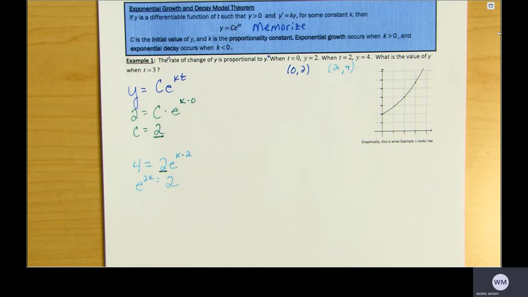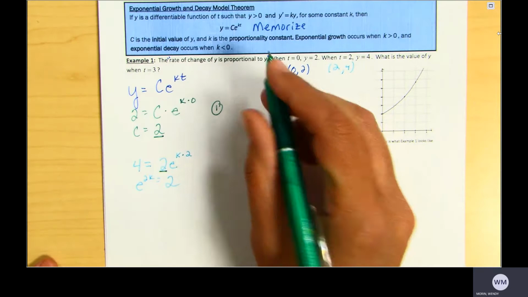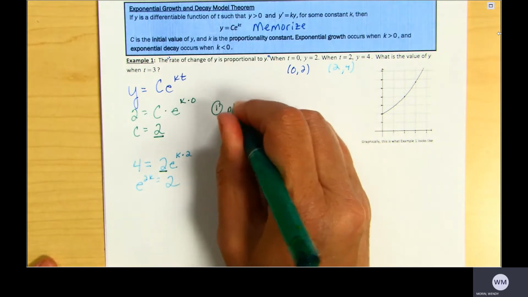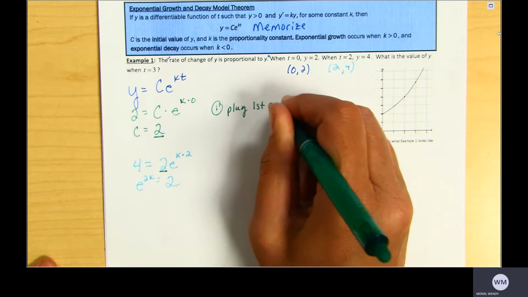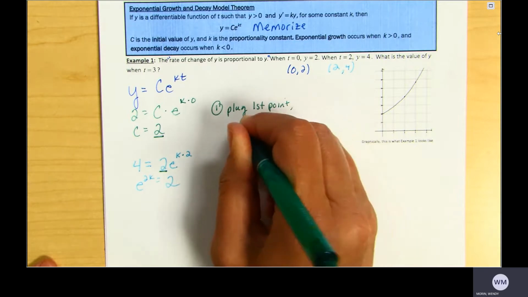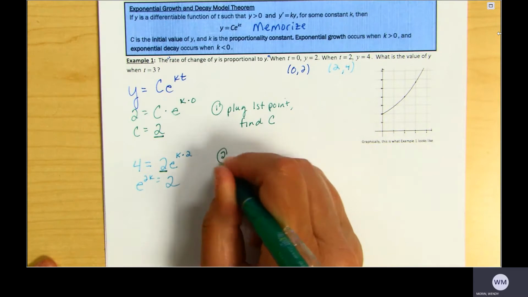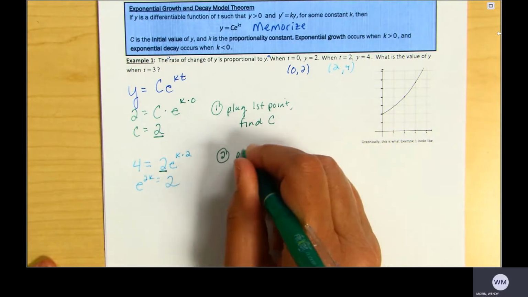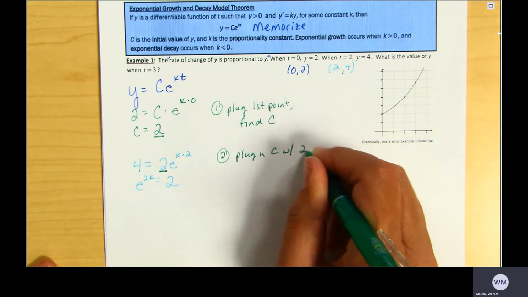So the first thing we did, step 1, is plug in the first point, and we found C. The second step is to plug in C with the second point that's given.